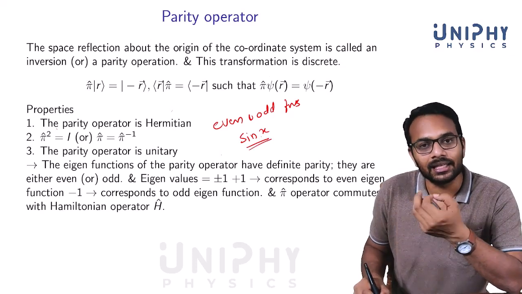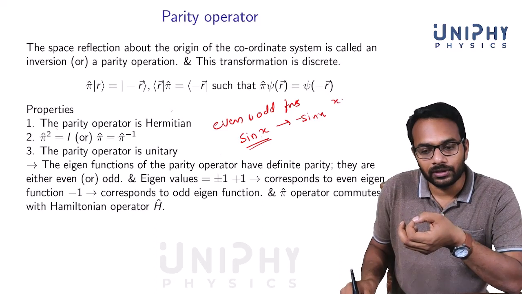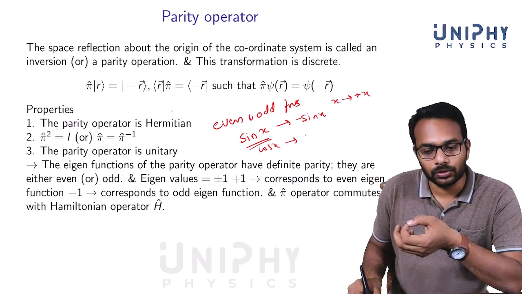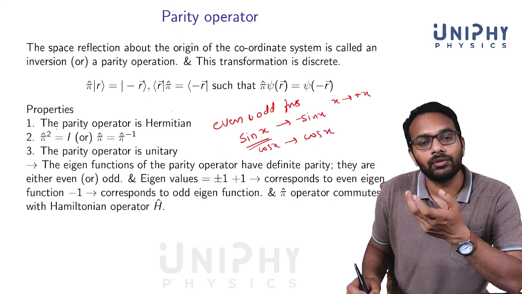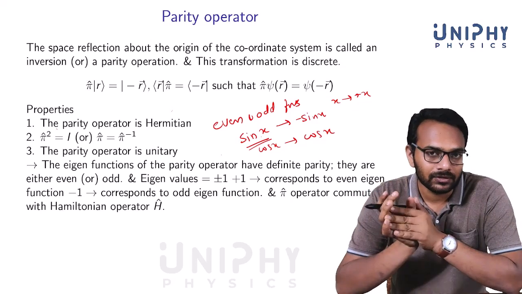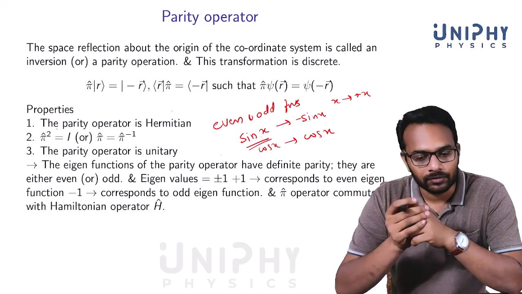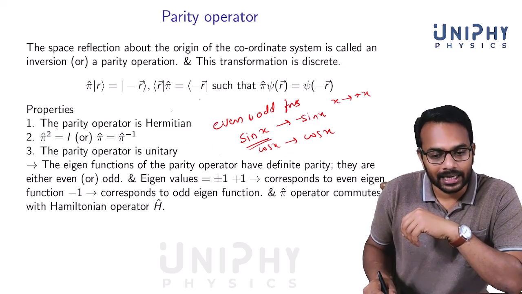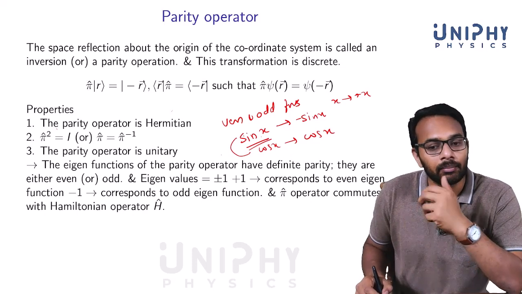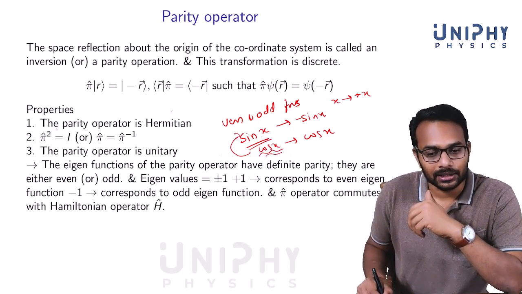Sine x is an odd function; it goes to minus sine x when you take x to minus x. But cos x is an even function; it goes to cos x itself when you substitute minus x in place of x. So these are typical eigenfunctions of the parity operator: this is an even parity eigenfunction and this is an odd parity eigenfunction.